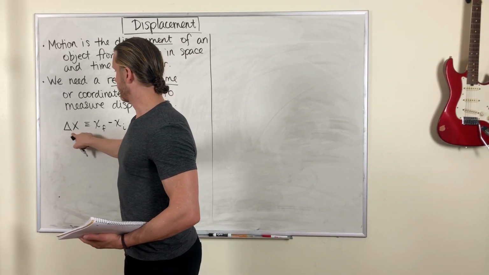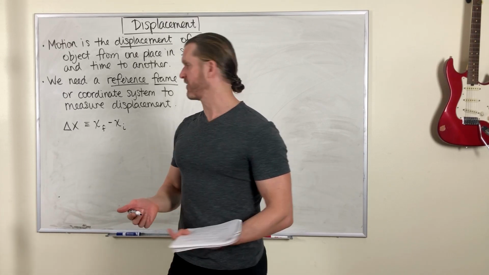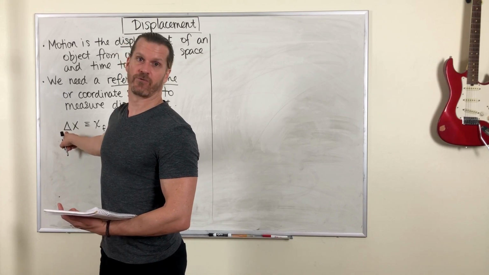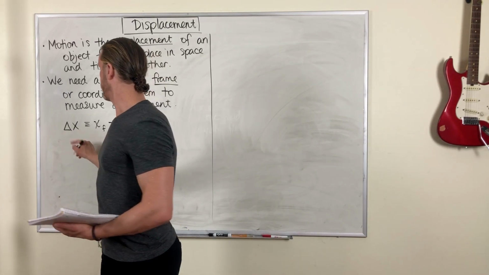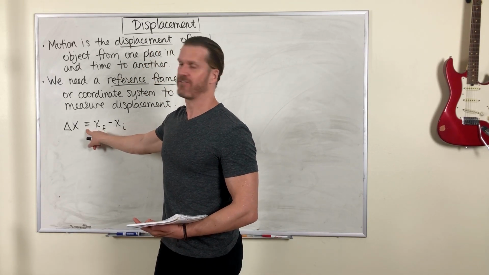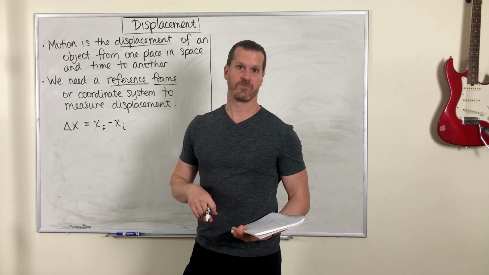So on the left, delta x is the displacement. Delta is a Greek letter. We're going to use a lot of Greek letters in this class. Delta x, that stands for displacement, is defined as final position minus initial position.